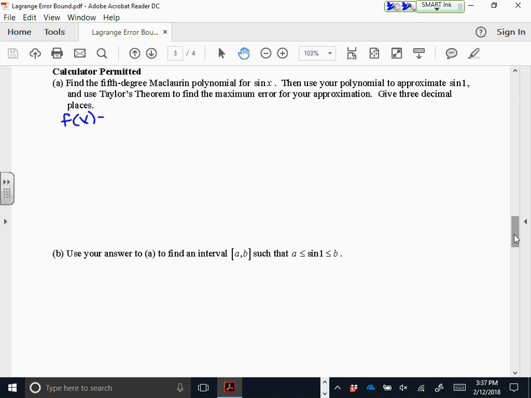F of x equals sine of x. We know evaluated at 0, because we're talking about a Maclaurin, is 0. We know f prime of x is cosine of x, evaluated at 0 is 1.